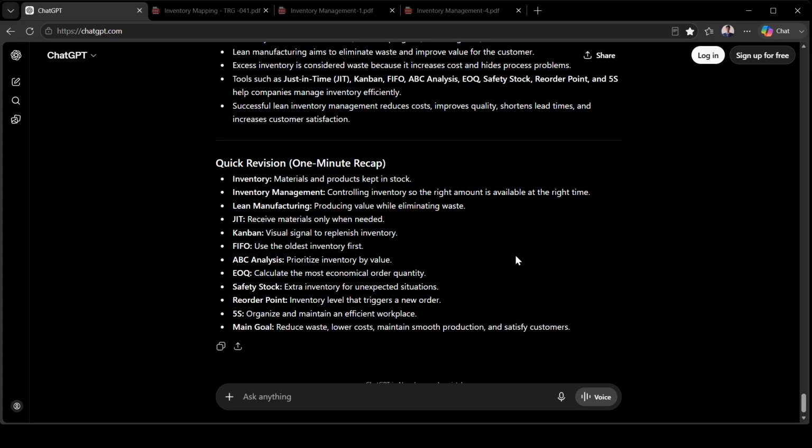JIT receives materials only when processed. Kanban is a visual signal. FIFO uses the oldest inventory first. ABC analysis prioritizes inventory by value.